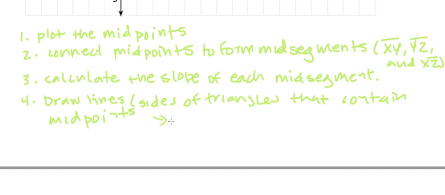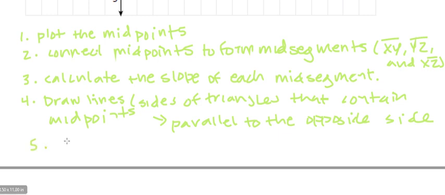And I want you to remember it's going to be parallel to the opposite side. And I'll explain what that means. All right. So then the last thing that you will do is determine the vertices.